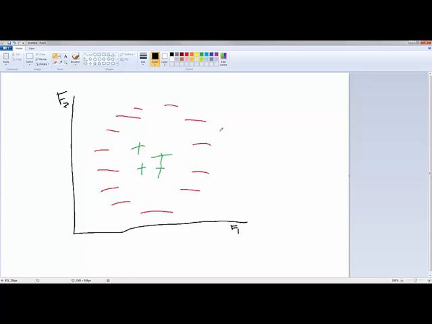Namely, our new feature F3, we can write as maybe the distance from this point here.